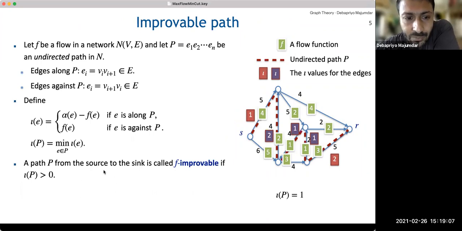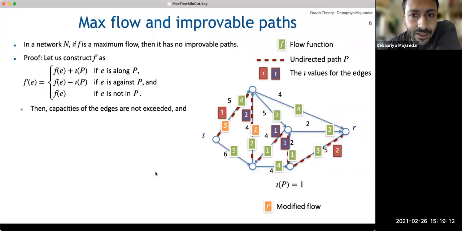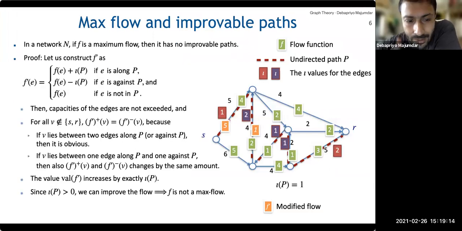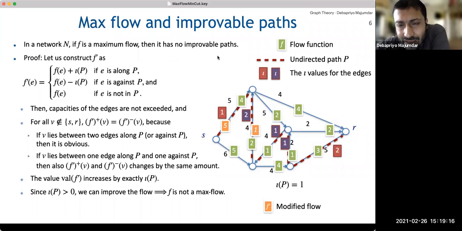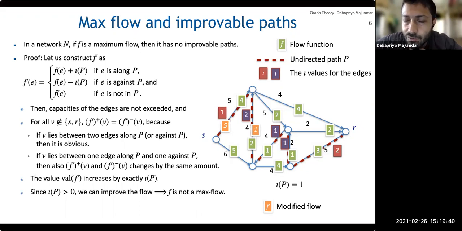So essentially, if f is a max flow and it still has an improvable path, then you can simply change the flow along the improvable path by the improvement factor of that path, and you can increase the total flow by that amount. And since f is a max flow, you should not be able to do that. So it does not have any improvable path. Clear? Okay. So let's move on to the next.